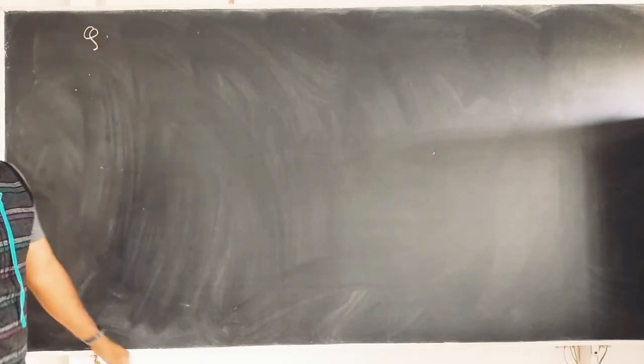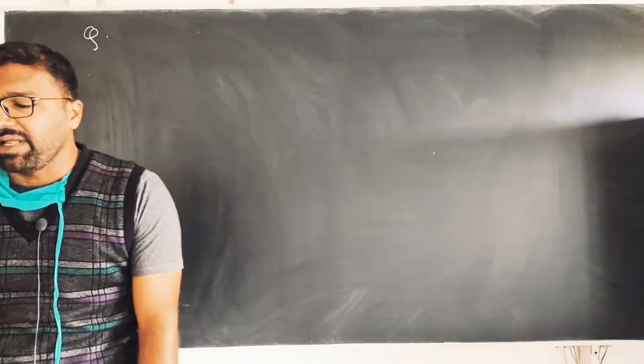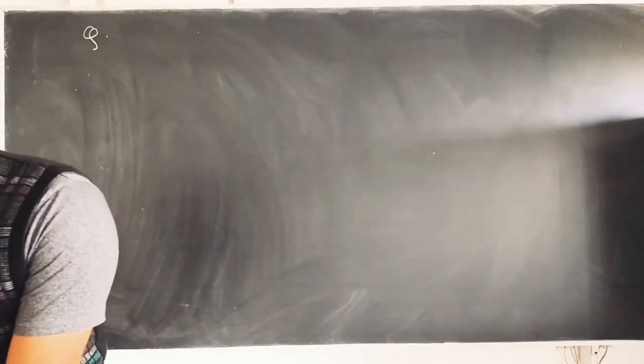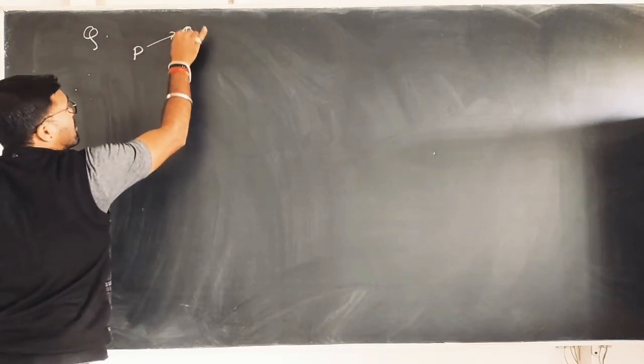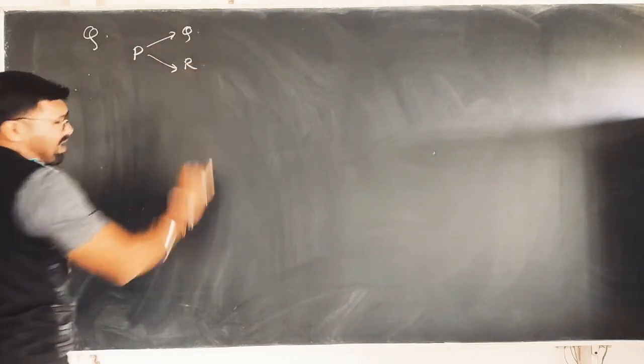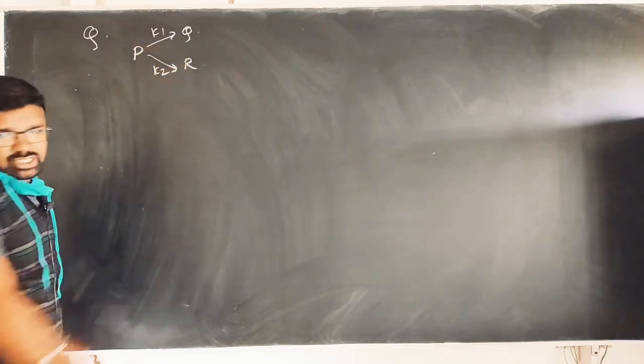Then question number three, or problem number three. Consider a reaction following two parallel irreversible first order reactions at a temperature T. The reaction is provided as P gives Q, and also P gives R, with rate constants K1 and K2 respectively.